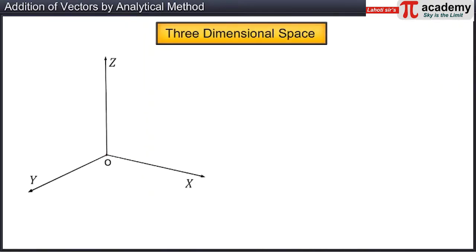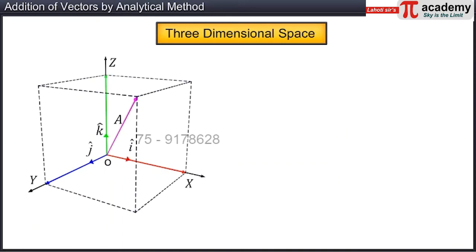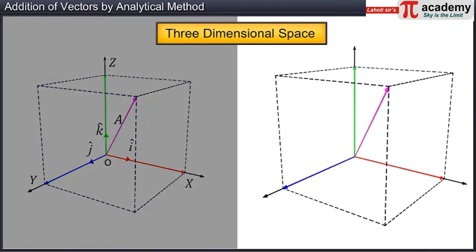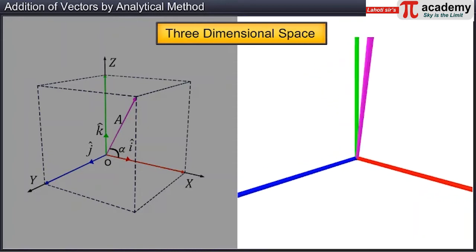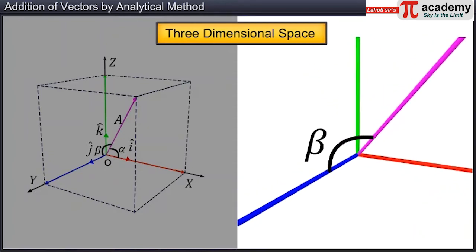Now, let's discuss vectors in three-dimensional space. Create x, y, and z coordinate axis passing through point O. Then represent a vector A passing through O. Here, alpha is the angle between vector A and the x-axis. Beta is the angle between vector A and the y-axis.